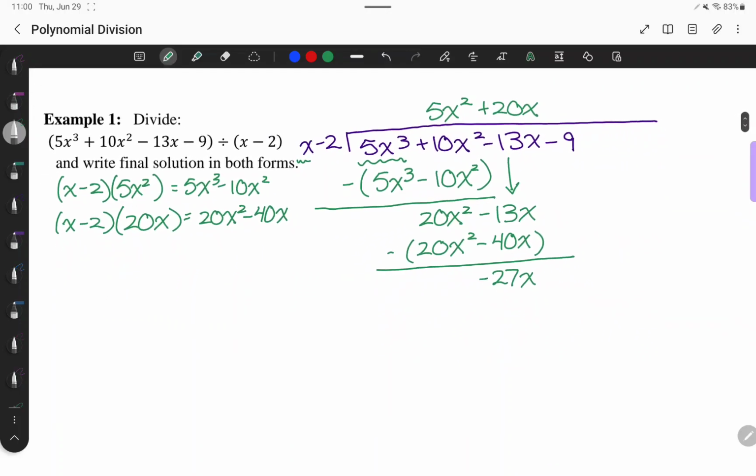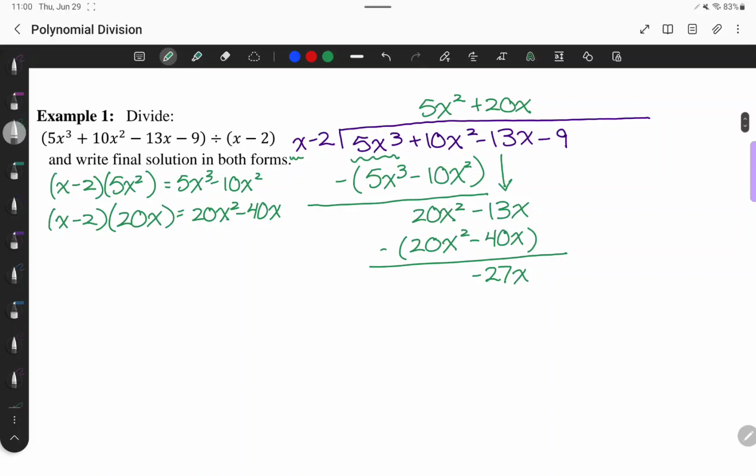I'm going to slide this up so we have a little more room. We're going to bring down our next term, which is a minus 9. And then the same thing. So we need negative 27x. X times something to get us that. That something is going to be 27. 27 times x would give us the 27x.